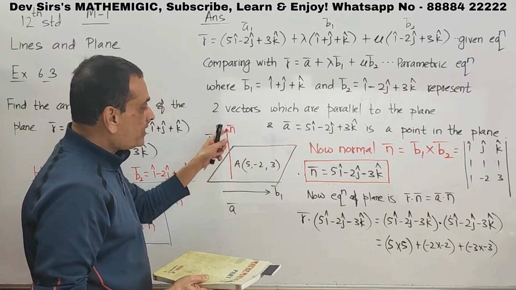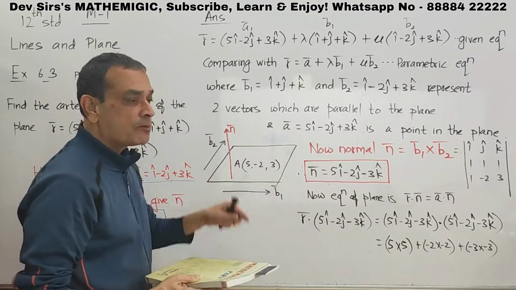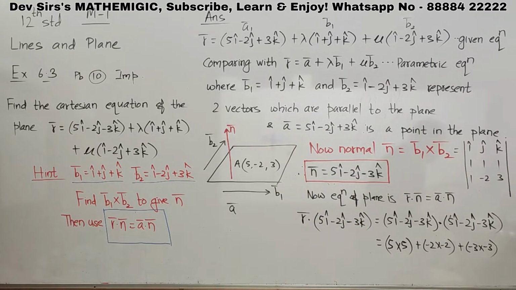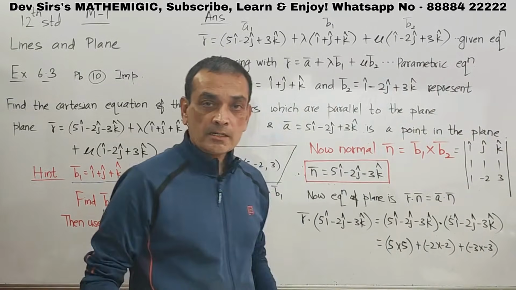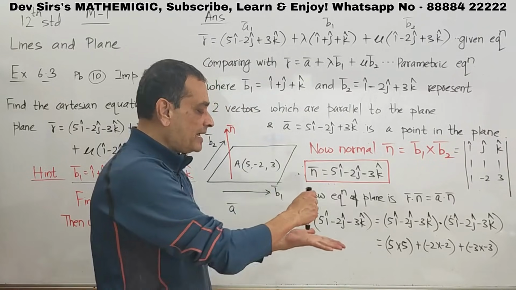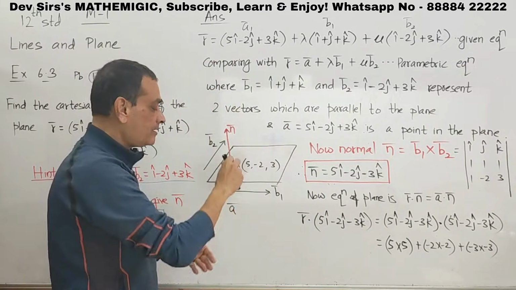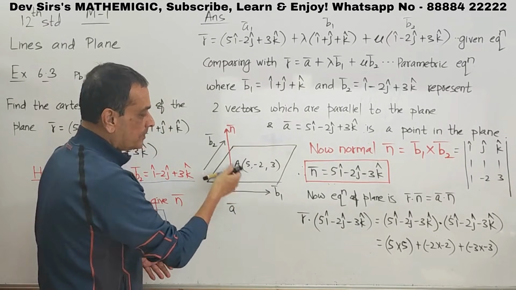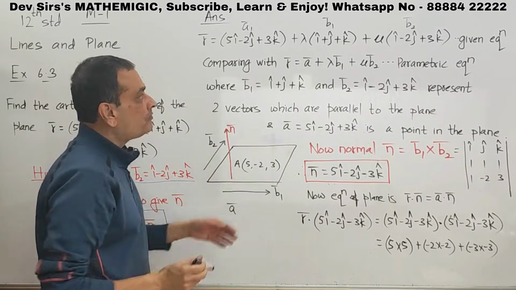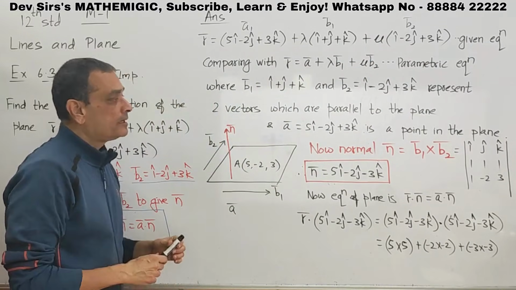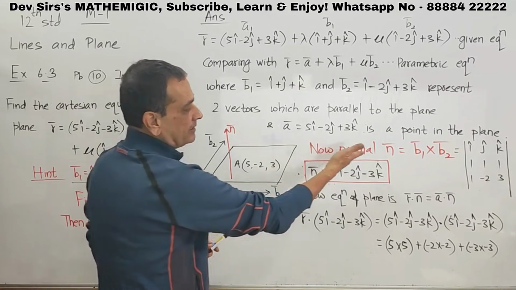That vector perpendicular to the plane is called the normal, n bar. So all this is being done in order to get that normal n bar. How do we get that normal n bar? B1 cross B2. How do you get B1 and B2 from the second and third bracket? Simple बात है.